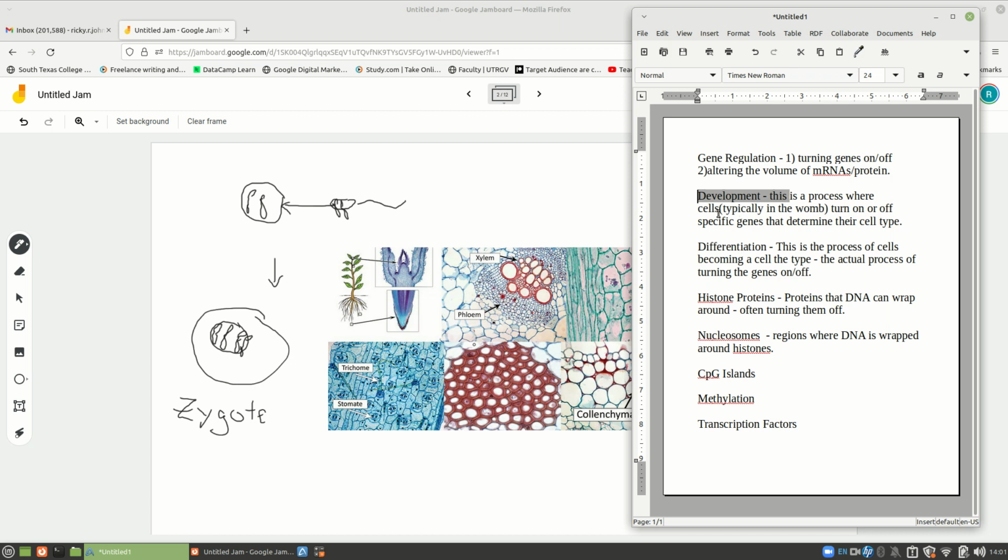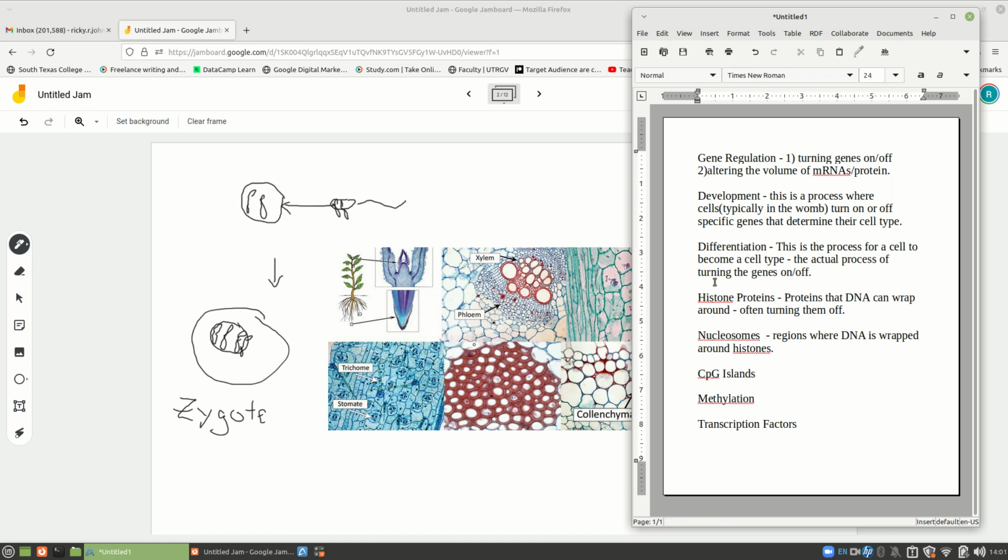So this is about all cells. This is about a cell. Maybe I should say, this is a process for a cell. That's a better way to explain it. To become a cell type.